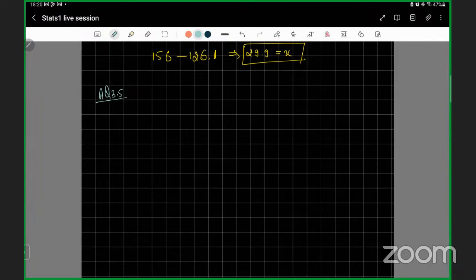This is not a bar chart, this is a box plot. Have you seen the tutorial on box plot? Yes, ma'am, I have seen it, but I have a problem. Okay, then let me go ahead.